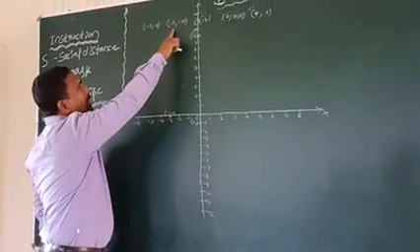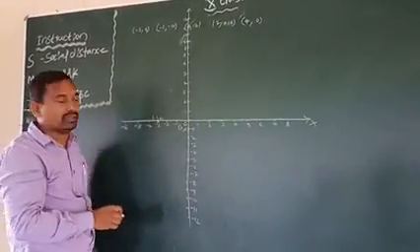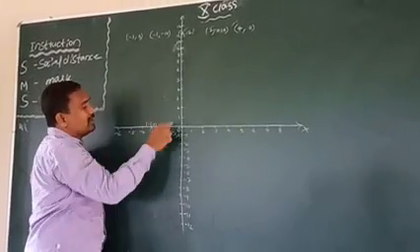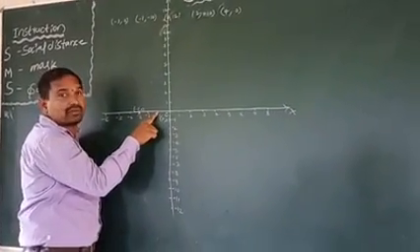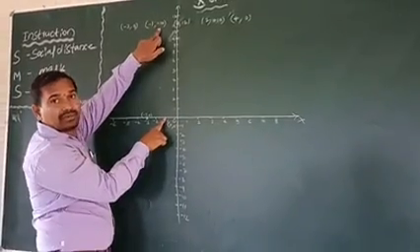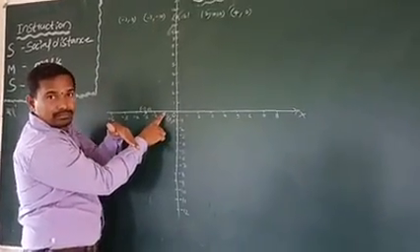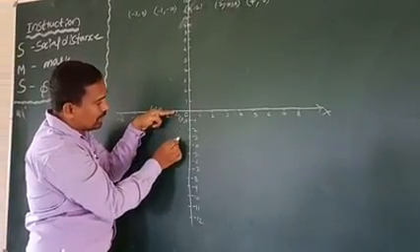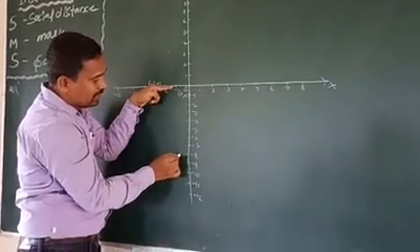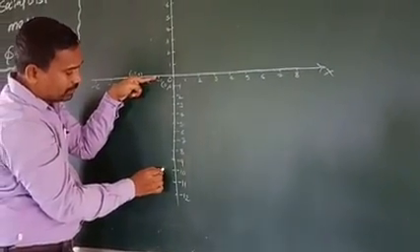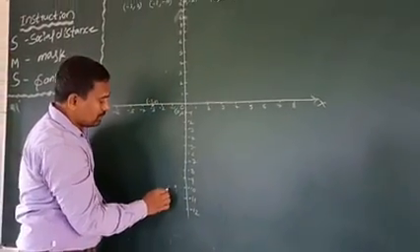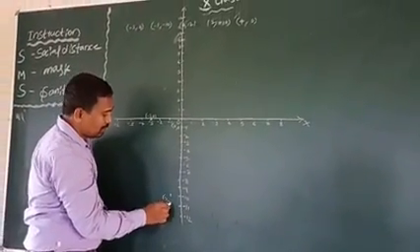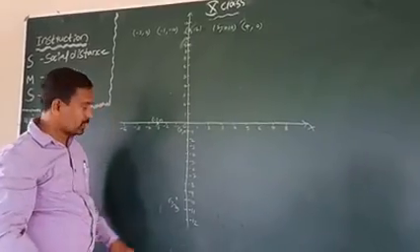Next, minus 1 comma minus 10. Where is x value minus 1? Here x value is minus 1. Y value is minus 10. Above or below? Below. So come down: 1, 2, 3, 4, 5, 6, 7, 8, 9, 10. So this is minus 1 comma minus 10.